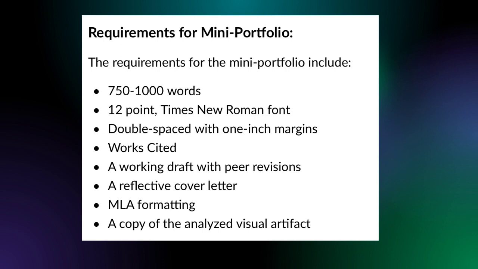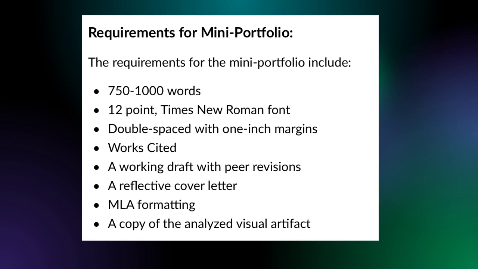Those will be coming up in later assignments. Your working draft, your reflective cover letter, MLA formatting. You can always go to the Purdue OWL if you want to check that out. But honestly, what I've just described here, the 12-point Times New Roman, that is MLA formatting. We'll talk about guidelines for writing, maybe next week. I'll hit that a little bit.